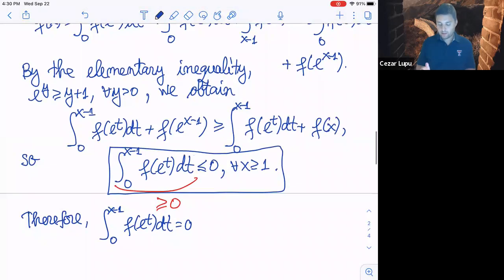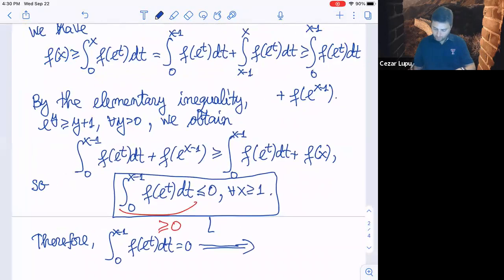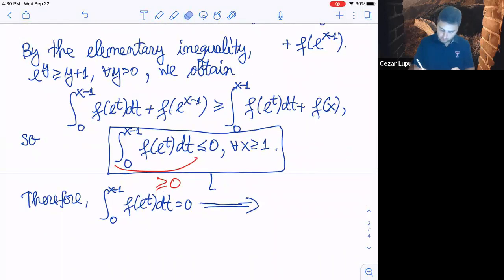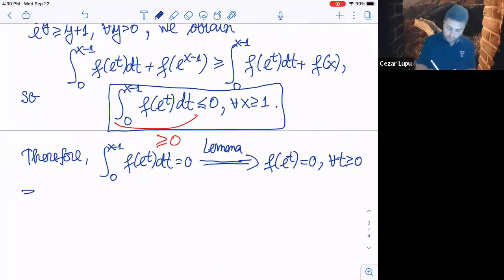And of course, by the lemma, f of e to the power t is 0 for all t positive, and therefore this implies that f of x is 0 for all x greater than 1.